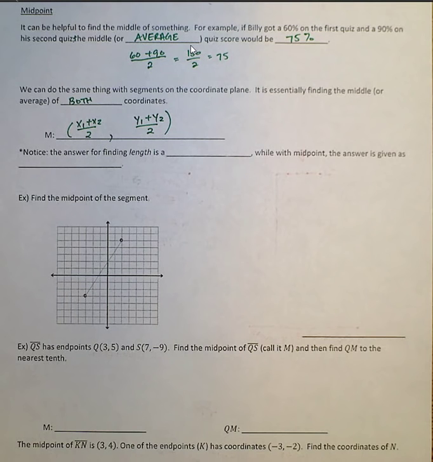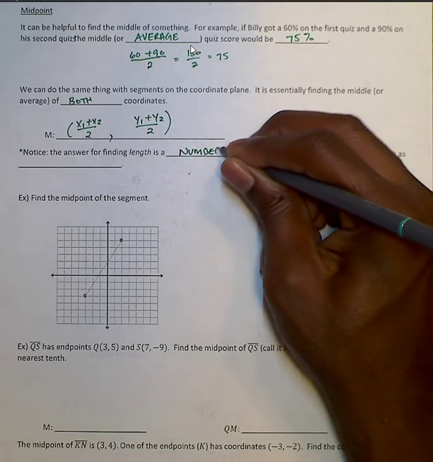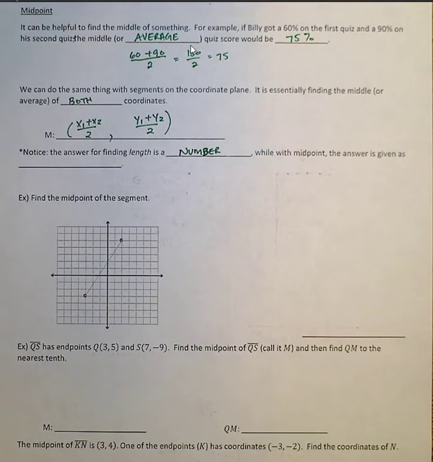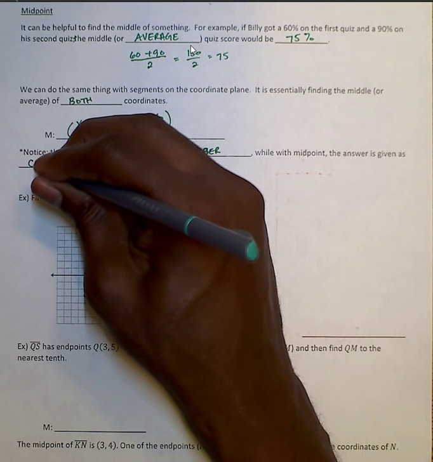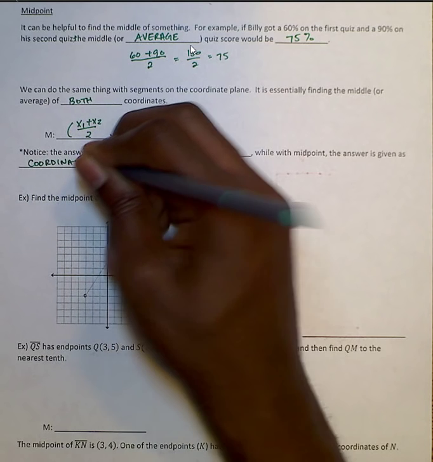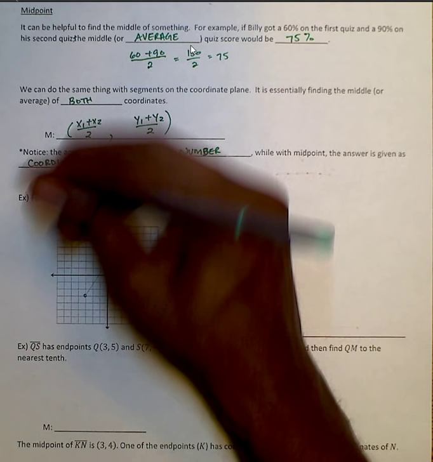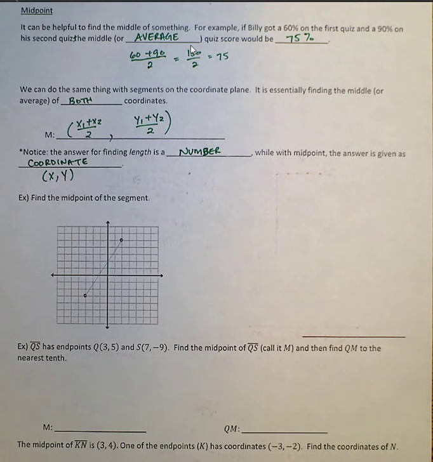Notice that the answer for finding the length is a number, while the answer for finding the midpoint is given as a coordinate. Okay, and just to refresh so that we know, it's always x comma y. Always has to be that way.